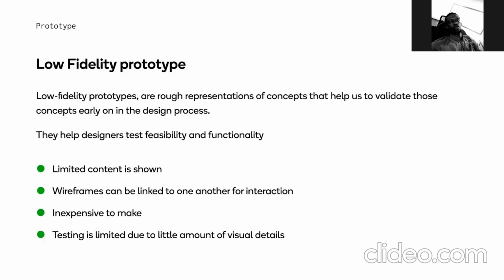So low fidelity prototypes can be in the form of sketches or wireframes. I personally don't sketch so much. I think I've only sketched about two or three times. That's because I prefer wireframing with Figma, because Figma allows you to connect your designs in order to enhance testing.